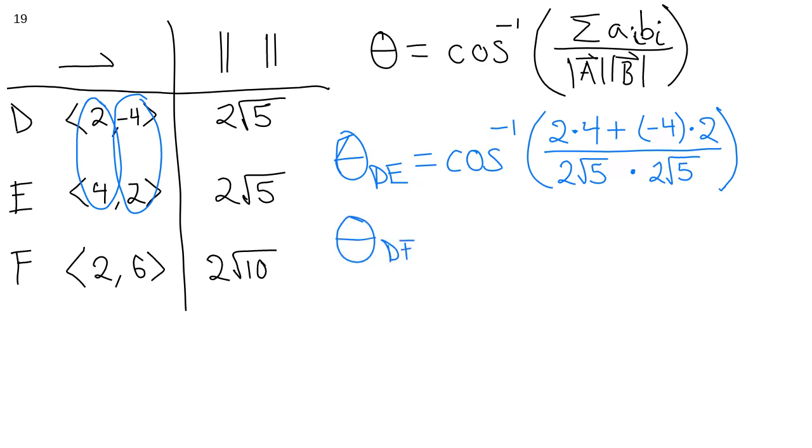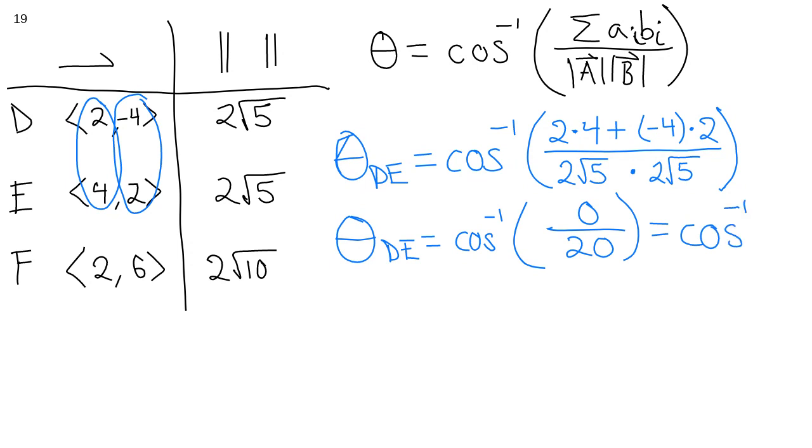So the angle between D and E is cosine inverse. On the top is 0, right? 8 minus 8 is 0, over 4 times 5, which is 20. The cosine inverse of 0. What's the cosine inverse of 0? 90 degrees.